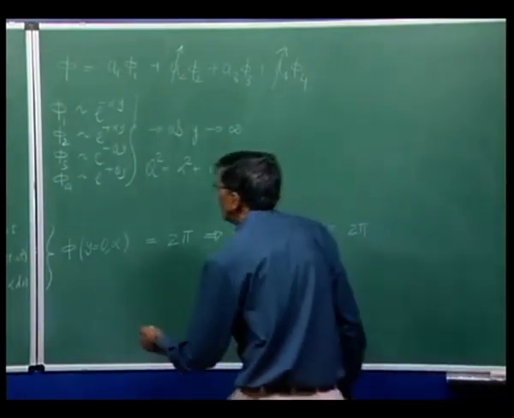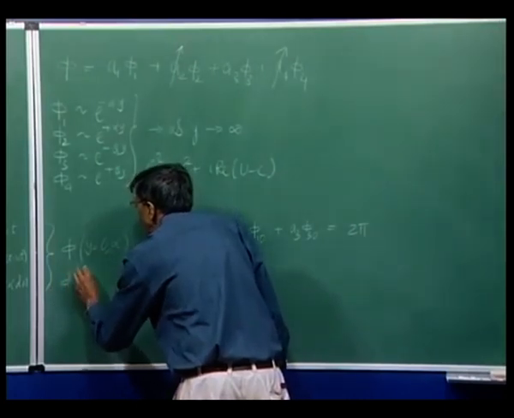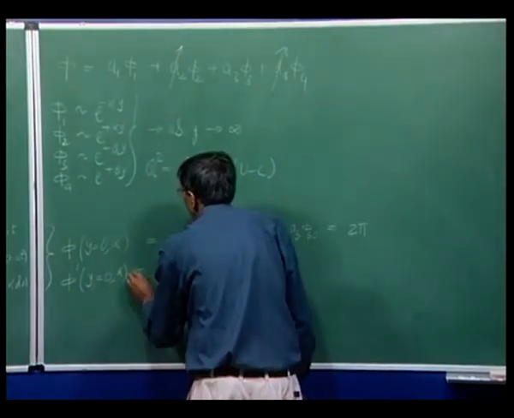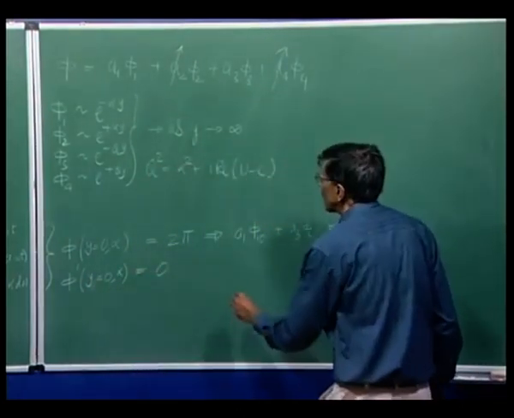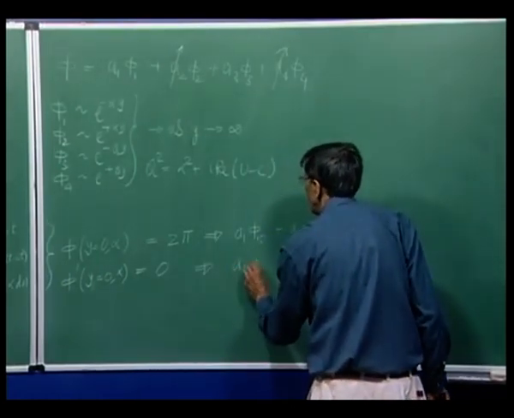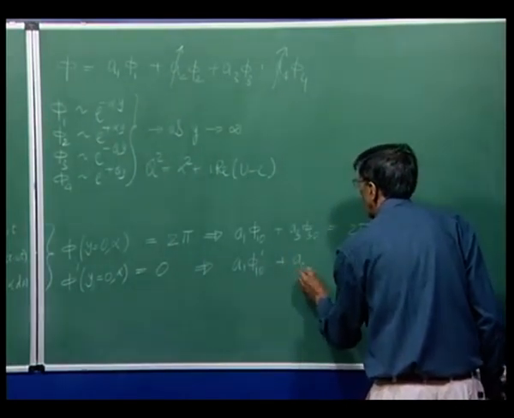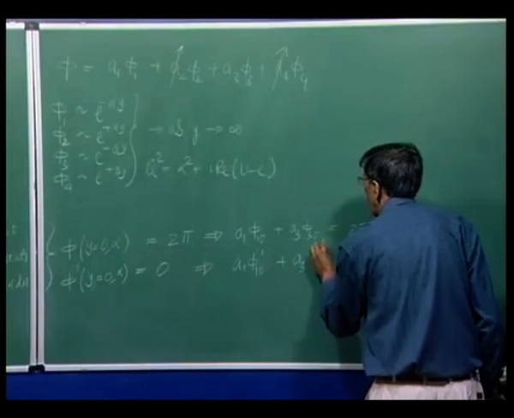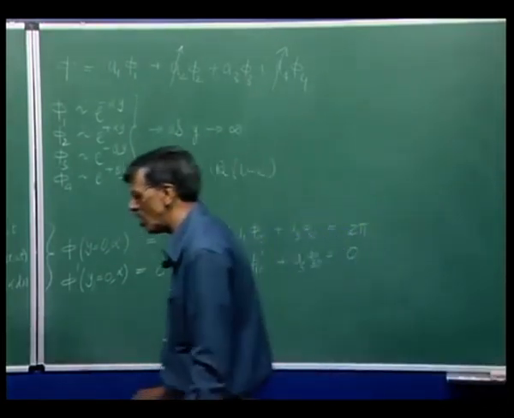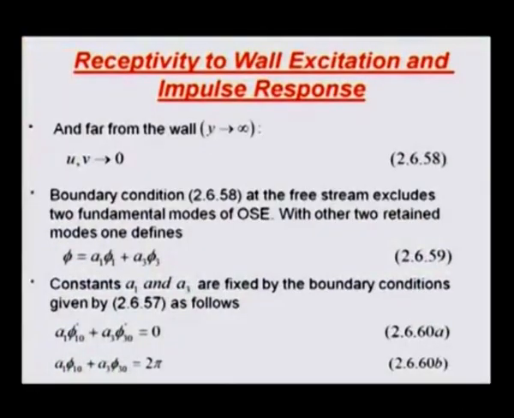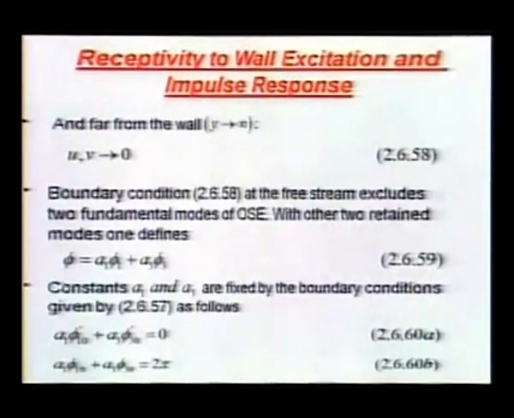So, basically we need to also have phi prime at y equal to 0 for all alpha identically equal to 0, and this gives you this. So, that completes your description of receptivity, right. This is your definitive excitation provided at the wall, which is of this kind. That translates to these two boundary conditions.